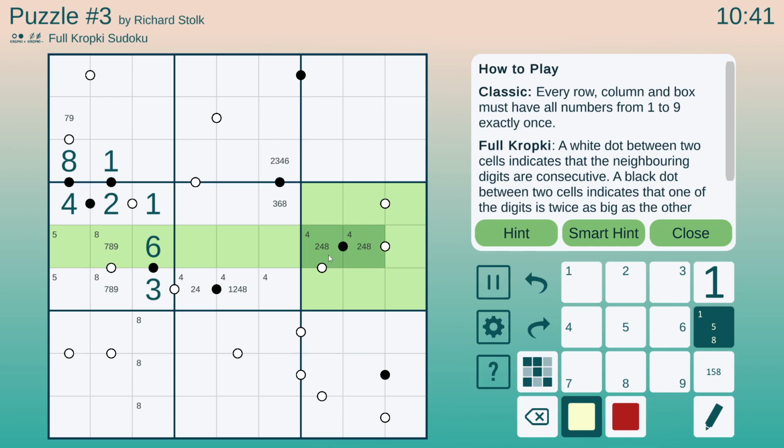If there's a 2 in here, it's got to be connected to a 1 in one of these spots. If there's an 8 in here, it's either connected to a 7 or 9, which doesn't help as much. If this was a 4, this can't be a 3, so it'd have to be a 5. But that's such a nothing.